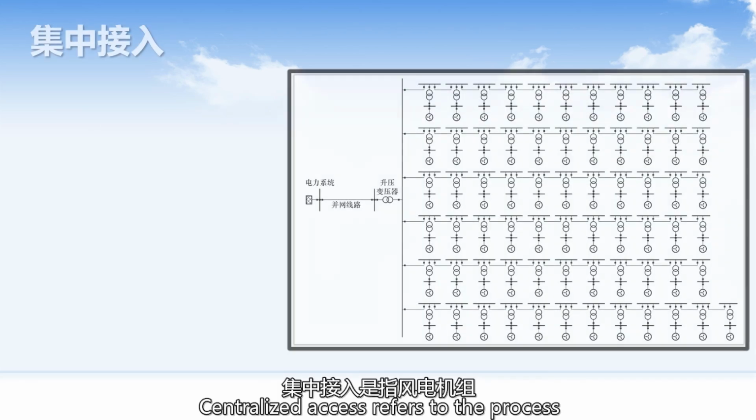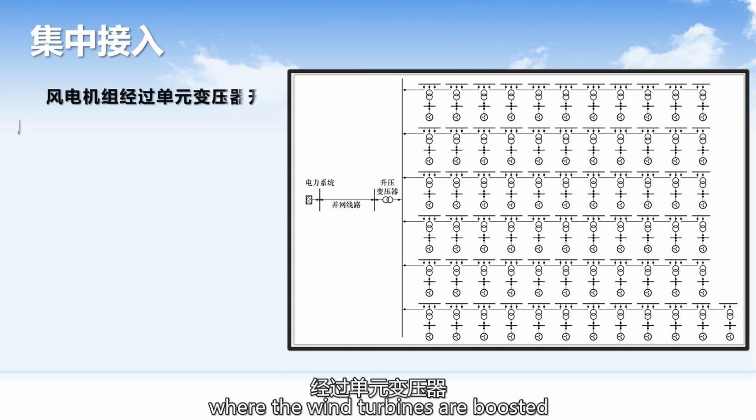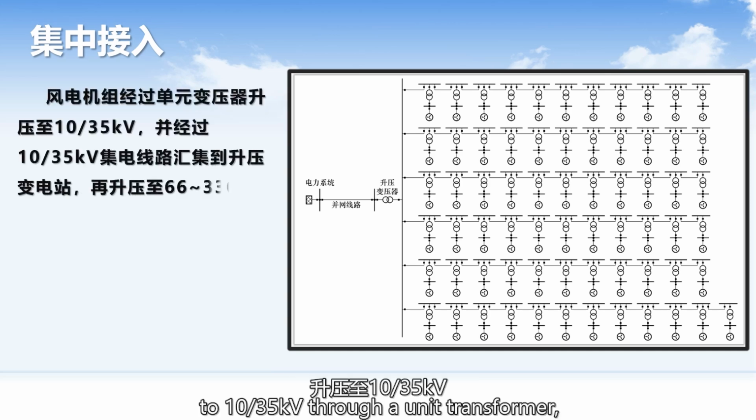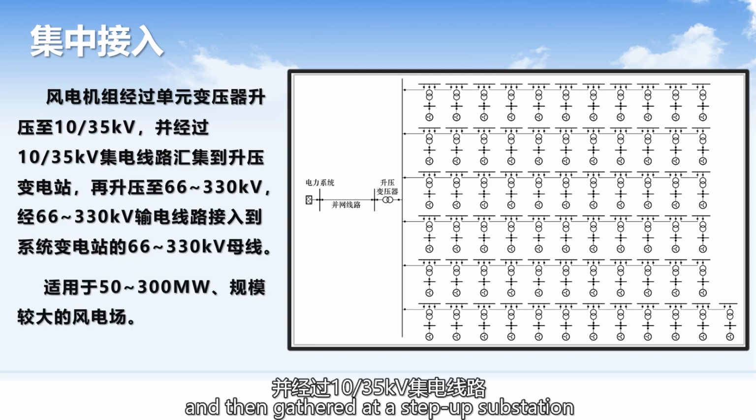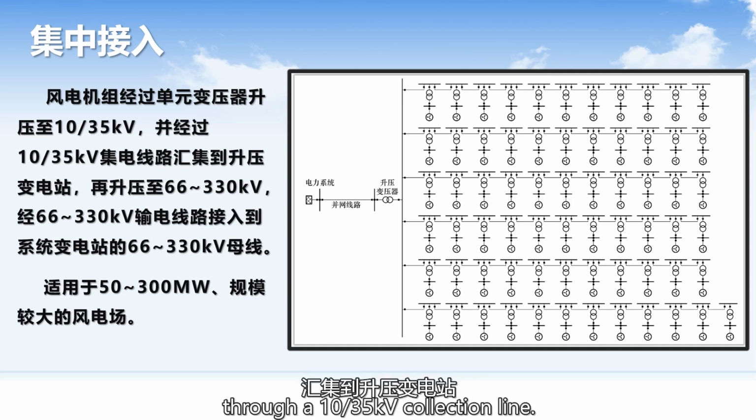Centralized access refers to the process where the wind turbines are boosted to 10 to 35 kilovolts through a unit transformer and then gathered at a step-up substation through a 10 to 35 kilovolt collection line.